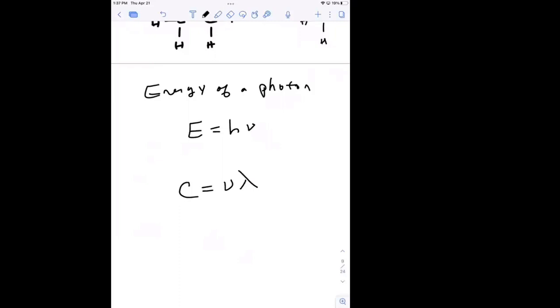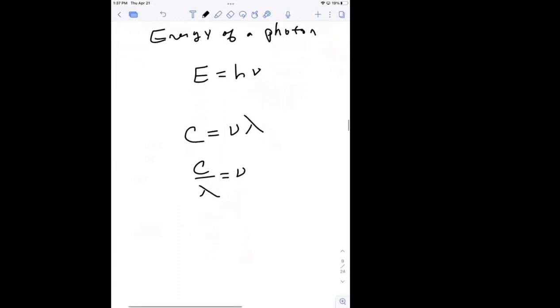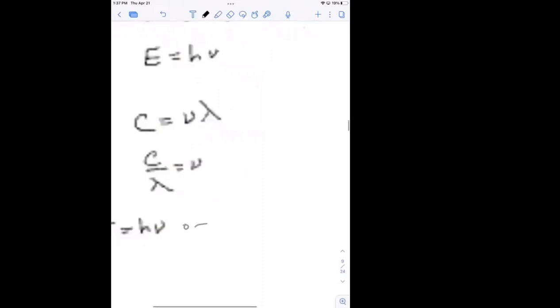Then we can rearrange this and say c over lambda, which we just looked at a second ago, is the same as the frequency. Then we can calculate the energy of a photon with either the wavelength or the frequency. We can say that E is h times nu, or we can say E is h times c over lambda.